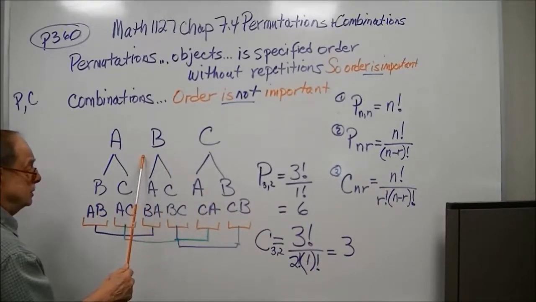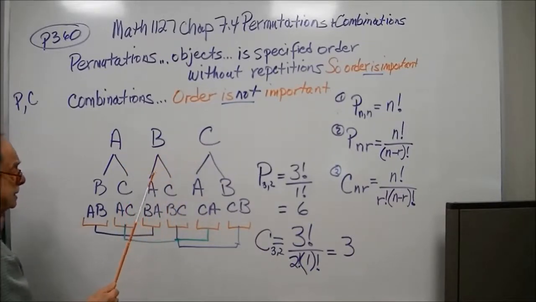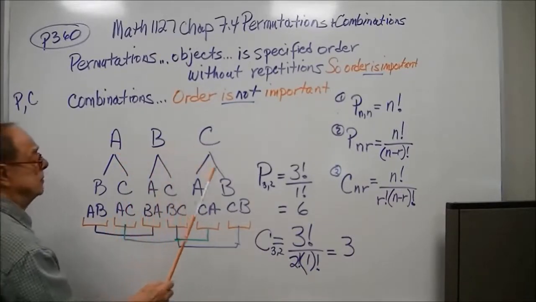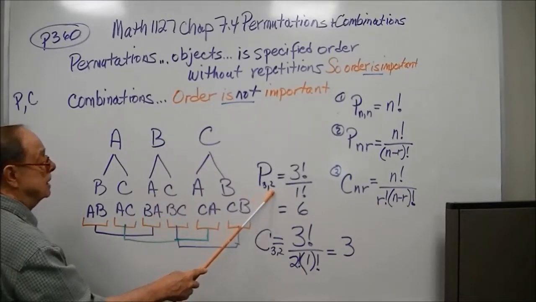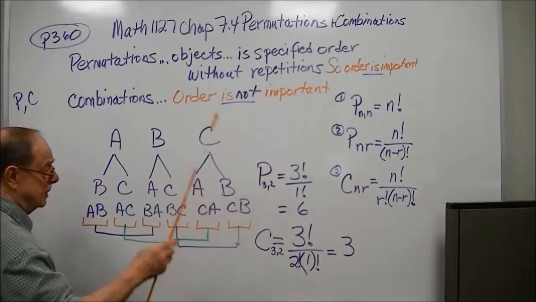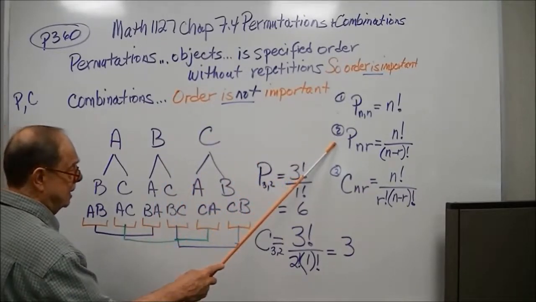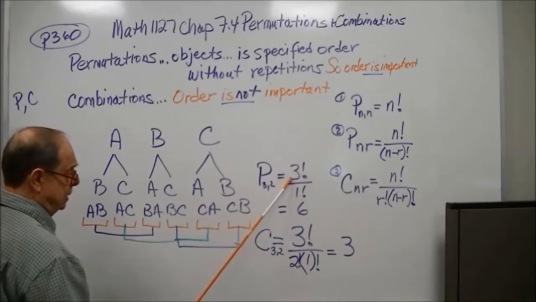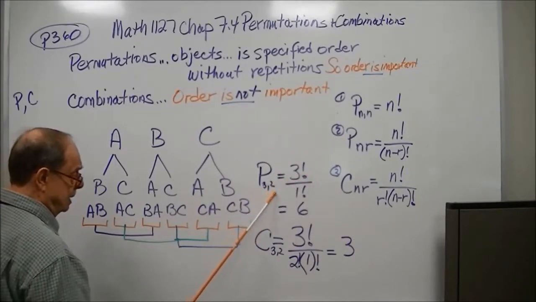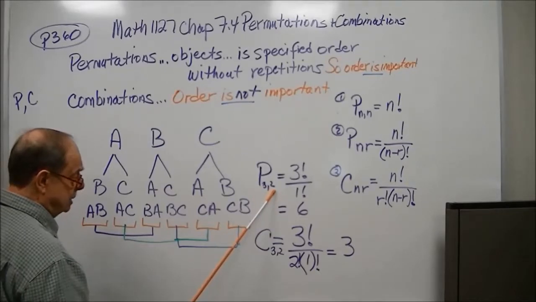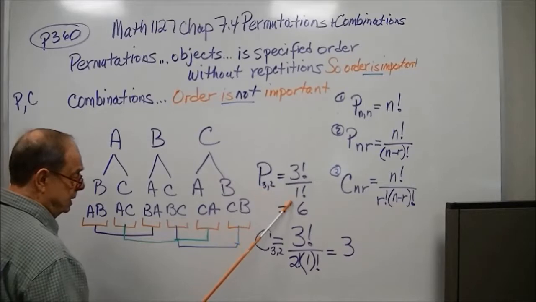So for permutations, taking 2 at a time out of 3 items, you would write permutations, 3 items taken 2 at a time, and then using formula 2 here, we get 3 factorial, which is our first number, and then we subtract 2 from 3 and get 1.